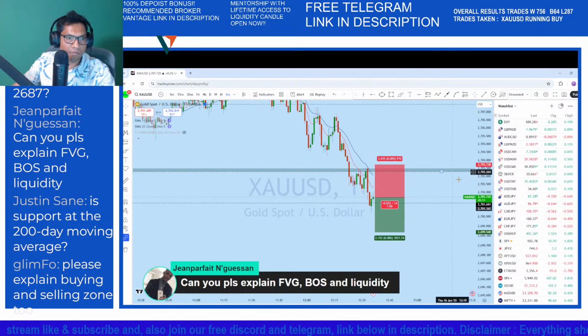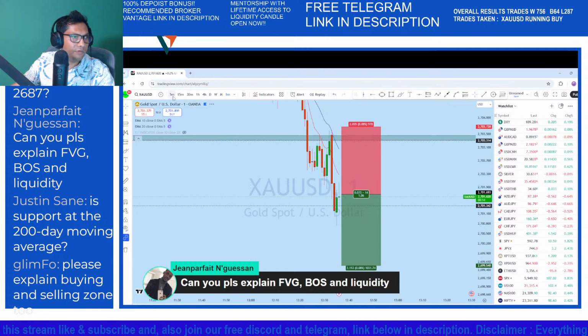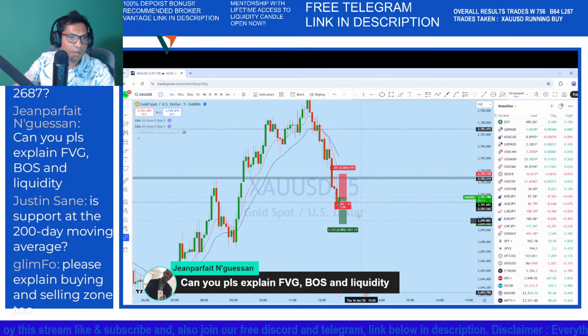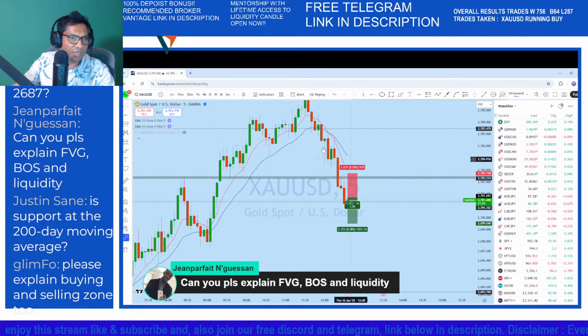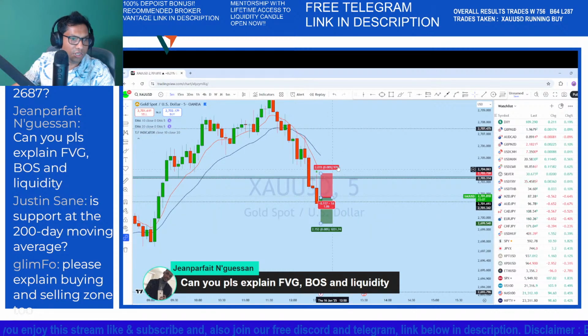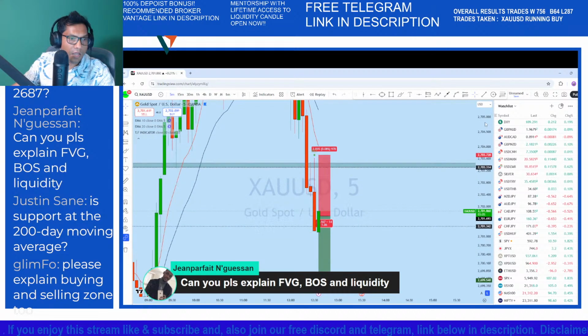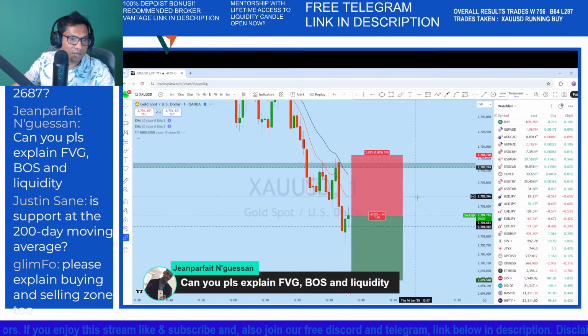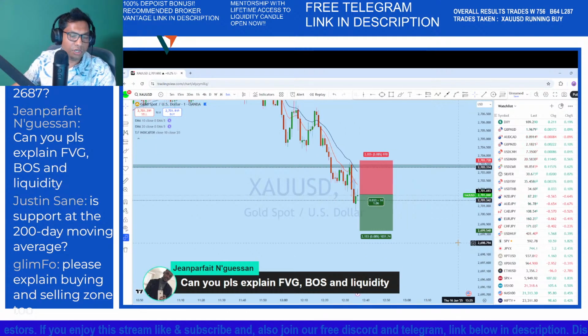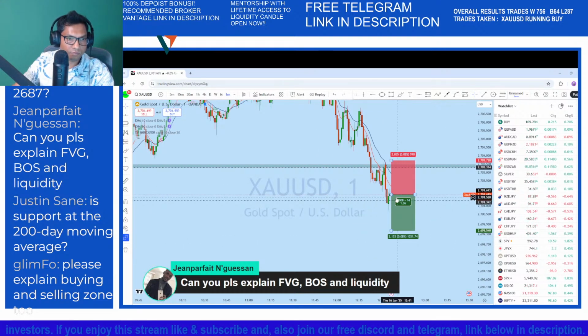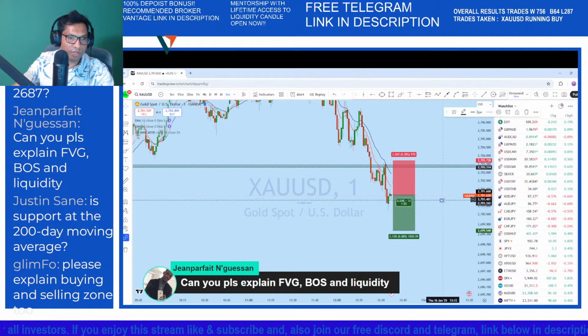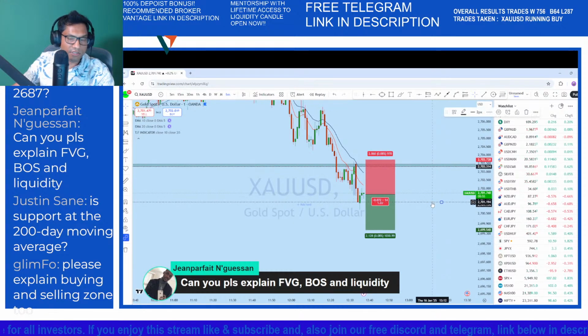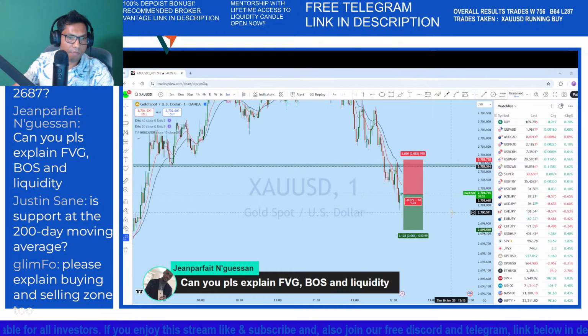5 minutes. Okay, so also on the 5 minutes, a strong bearish liquidity grab here, and with the liquidity grab, I want to see the market coming back here to create a new lower low. You can see this is a downward pressure.